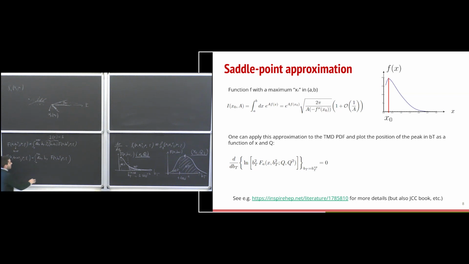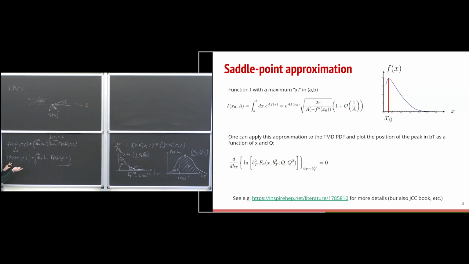So in this case, the integrand looks like this. Actually, you have to multiply these functions by bt, so the shape will be a little bit different, but it's not an oscillating function anymore. Our goal is to understand where the saddle point of this integrand is in bt space, in order to understand if this function is dominated by a bt value in the small region or in the large region.